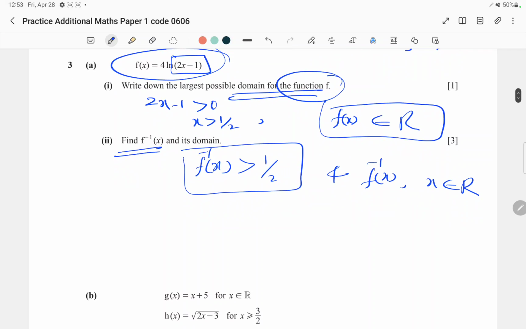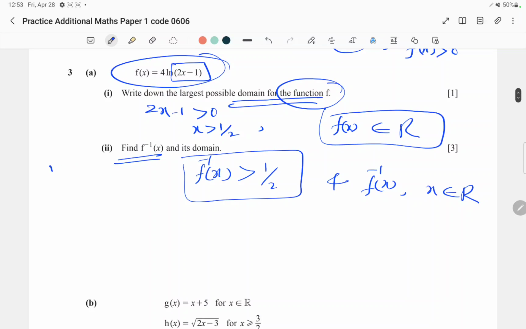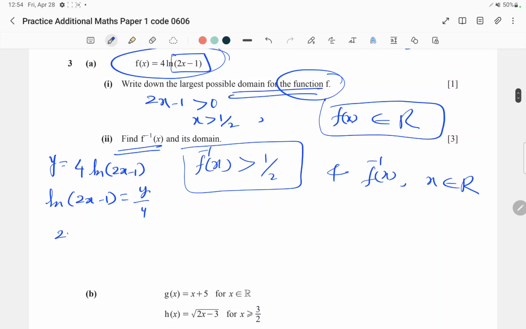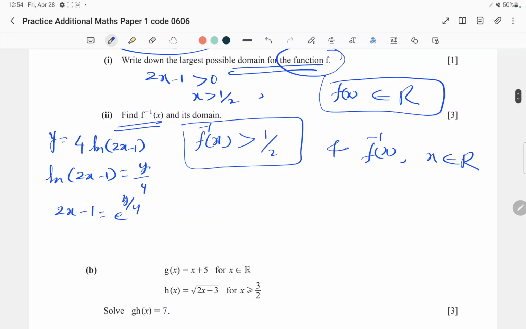By the way, let's find f inverse. So f(x) is 4 times ln(2x minus 1), so we can write y equals 4 times ln(2x minus 1). Then ln(2x minus 1) equals y over 4. You can divide by 4. And then 2x minus 1 is e to the power y over 4.